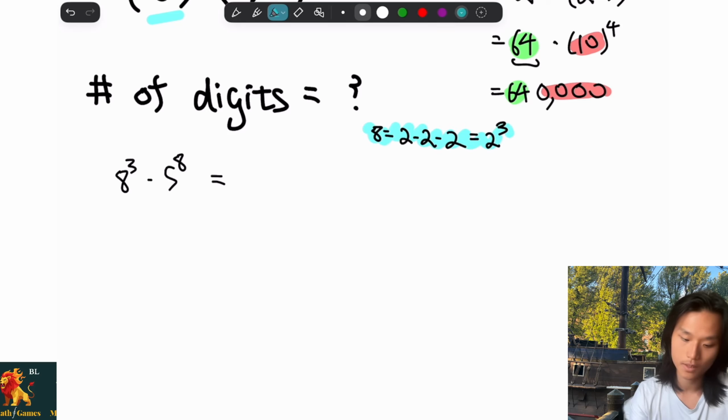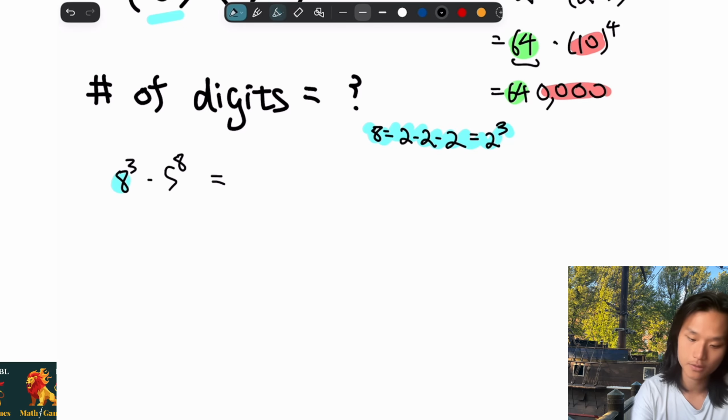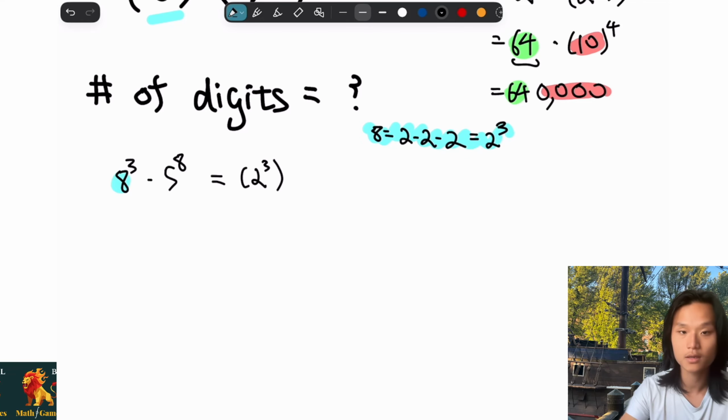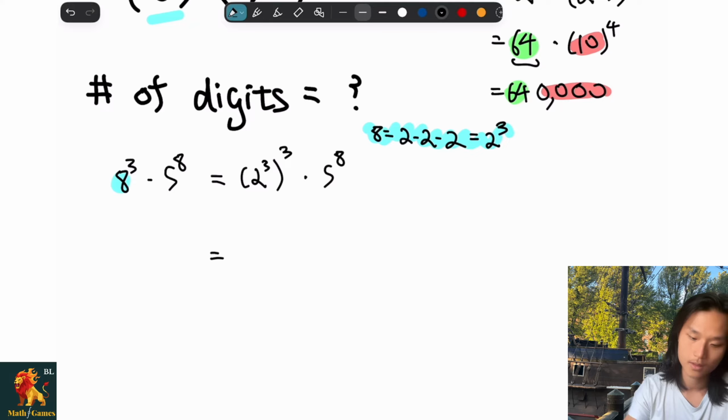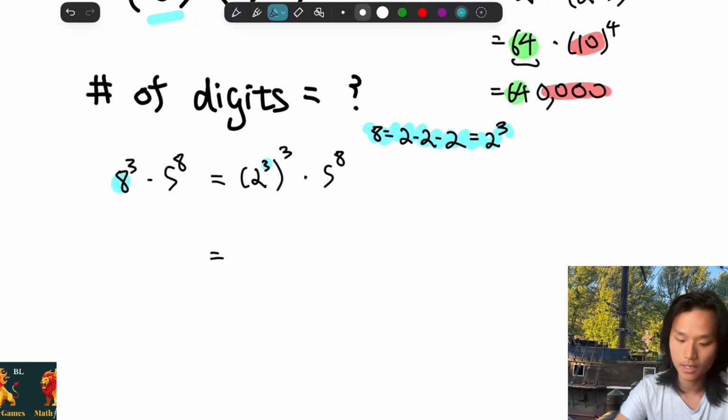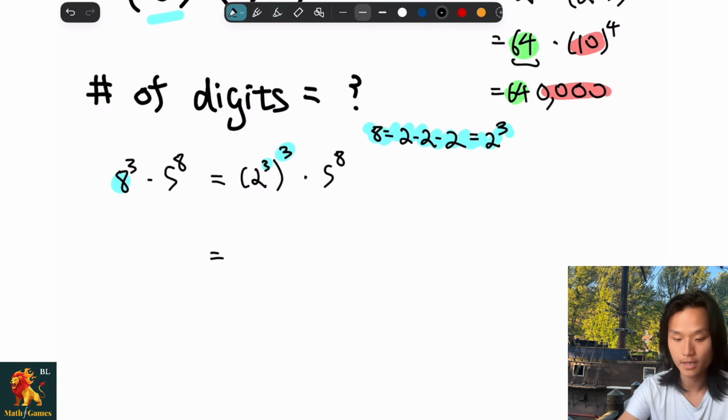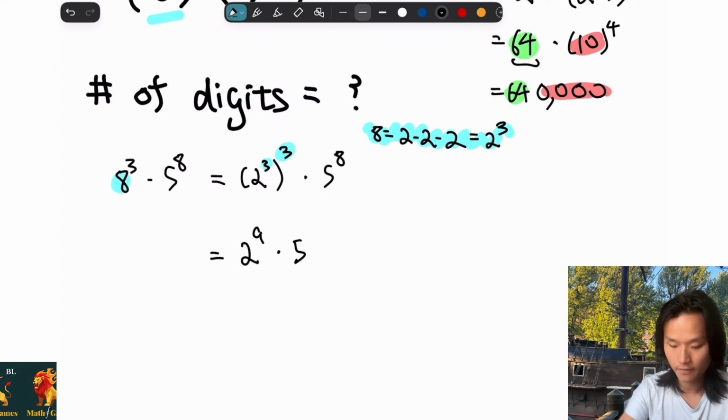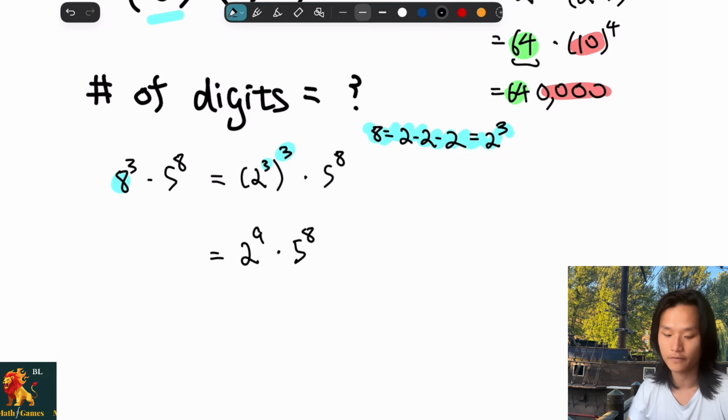So we can rewrite the 8 here as 2 cubed. So bracket 2 cubed, and the whole thing we cube it again, multiplied by 5 raised to the power of 8, okay? So now we can multiply these two powers together, so that gives us 2 raised to the power of 9 multiplied by 5 raised to the power of 8.